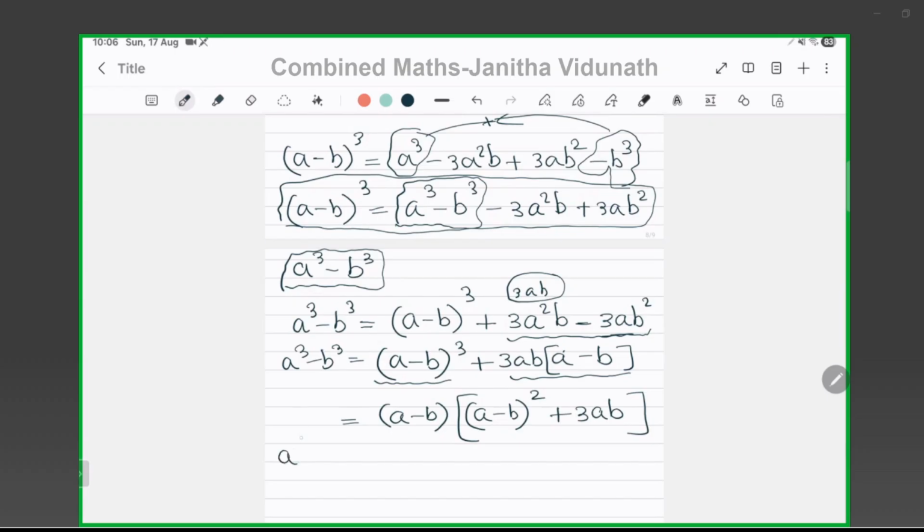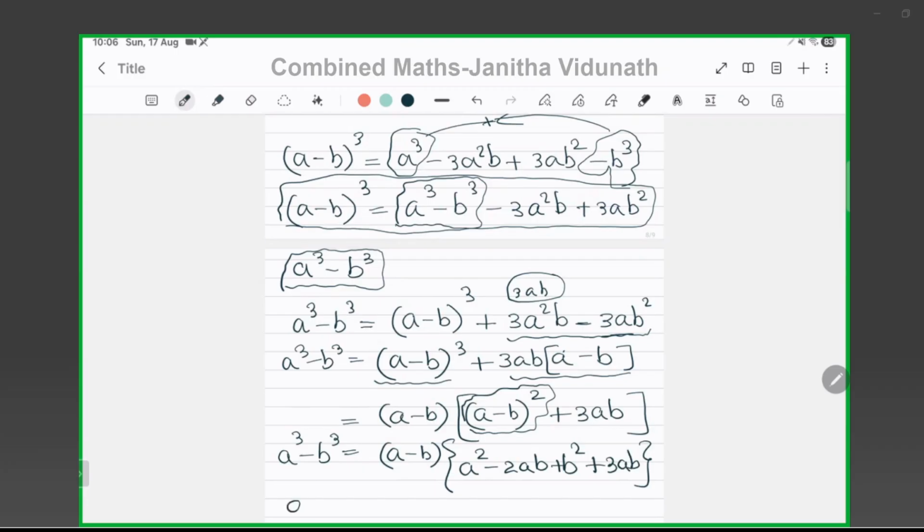Then we have a cube minus b cube as (a minus b) times, and we can expand this with our knowledge. We know that we get a square minus 2ab plus b square plus 3ab.